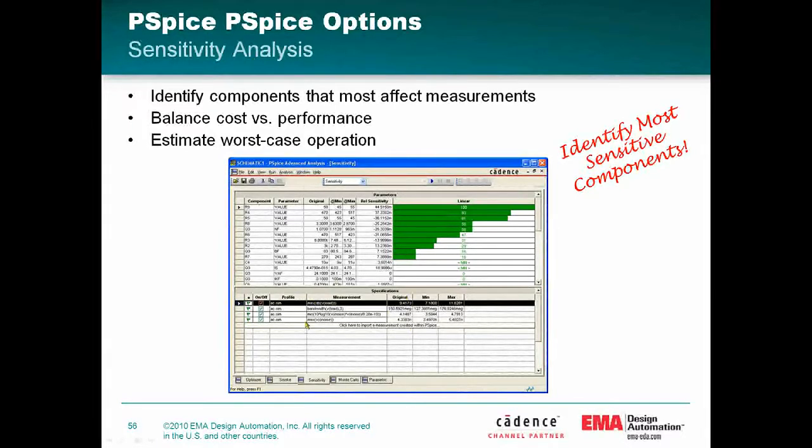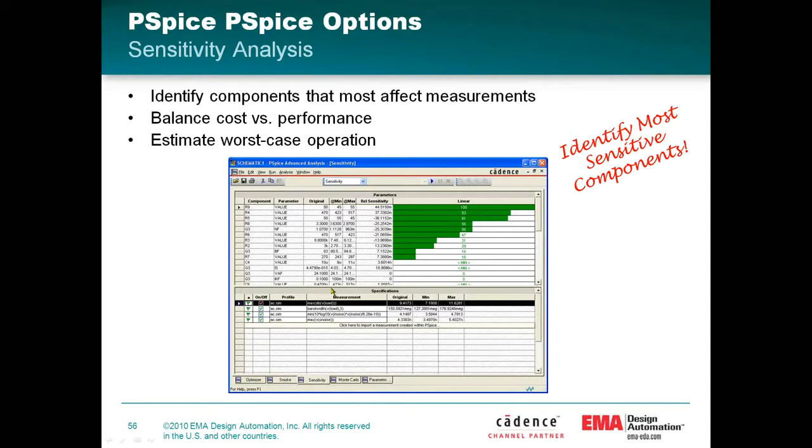So you have to establish a measurement that it's going to do the sensitivity analysis against. So in this particular flow, what it's going to do is look at each one of these 4 assigned measurements, and then give me a sensitivity analysis as to which components would affect this particular output characteristic or this measurement the most.